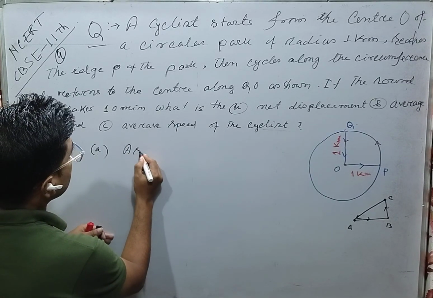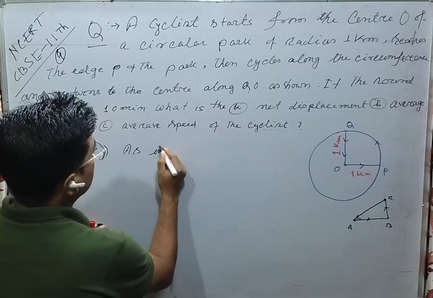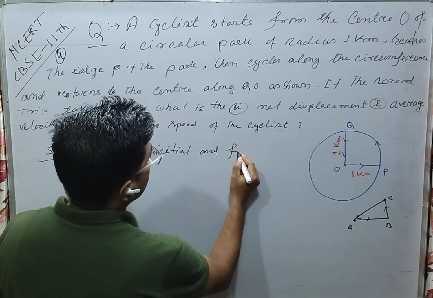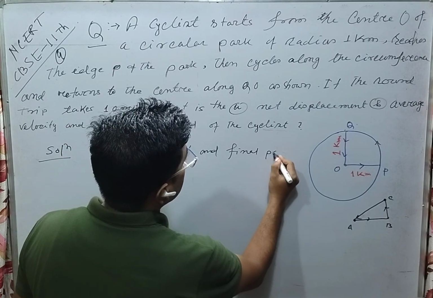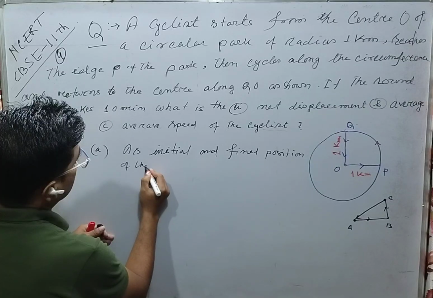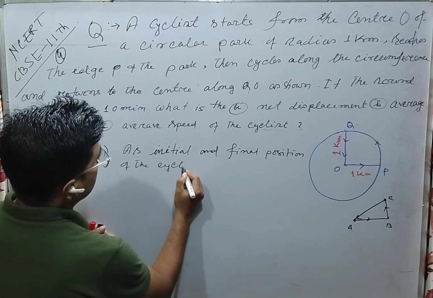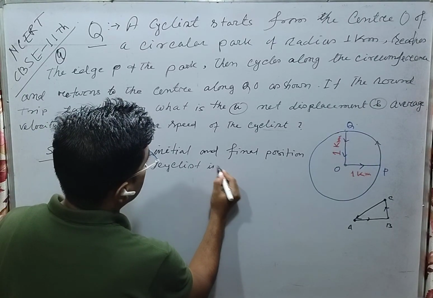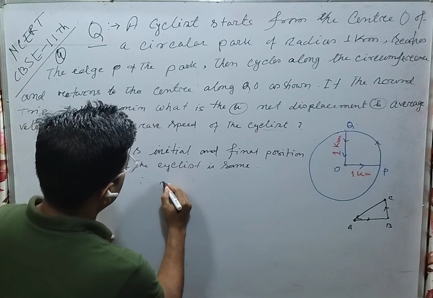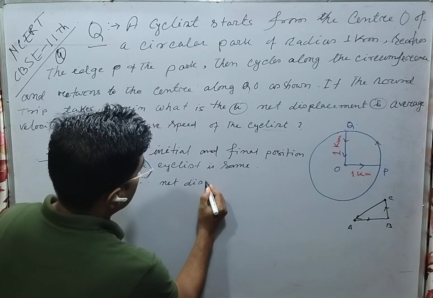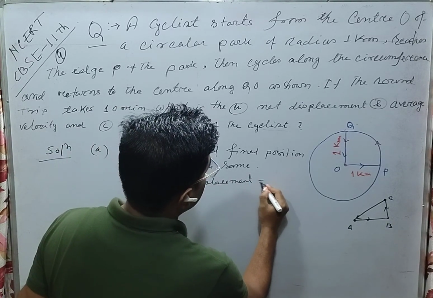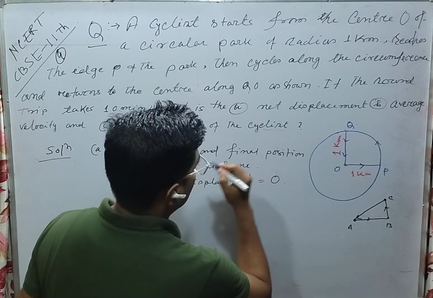As the initial and final position of the cyclist is the same, the net displacement is equal to 0.